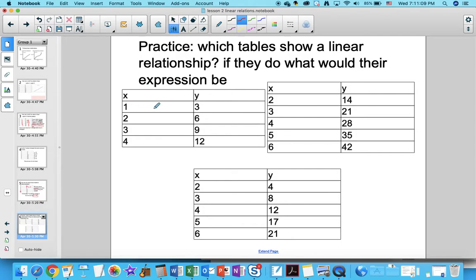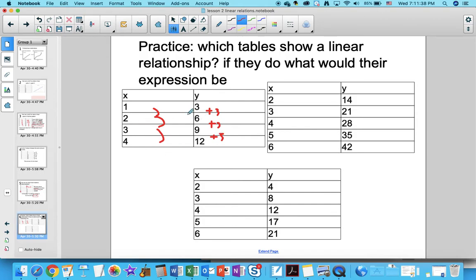As x goes up by 1, y went up by 3. Went up by 1, went up by 3. So this is staying consistent, and this is also consistent. You can say it's linear because it's going up by the same amount, 3 each time.